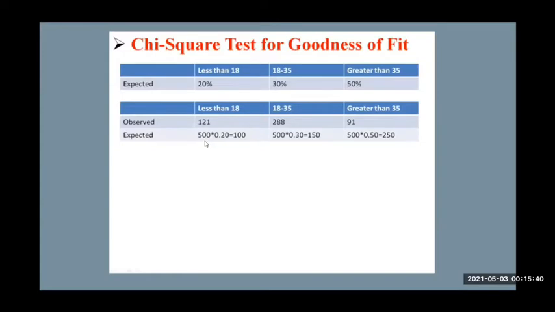It will be 500, because this is the participants, times the 20%, which equals 100. Then again 500 multiplied by 30%, which is 150. And 500 for the participants multiplied by 50% gives us 250.